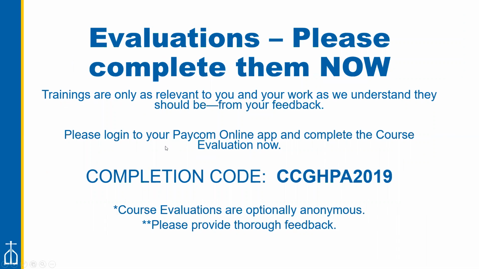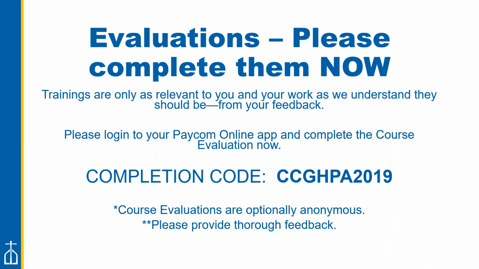Okay. So the next piece now for all of you is to log into your Paycom and complete this course so that you get credit for this. The completion code for this course is CCGHPA 2019, as you see below. Actually, I may need to double check that because I think I just changed it.